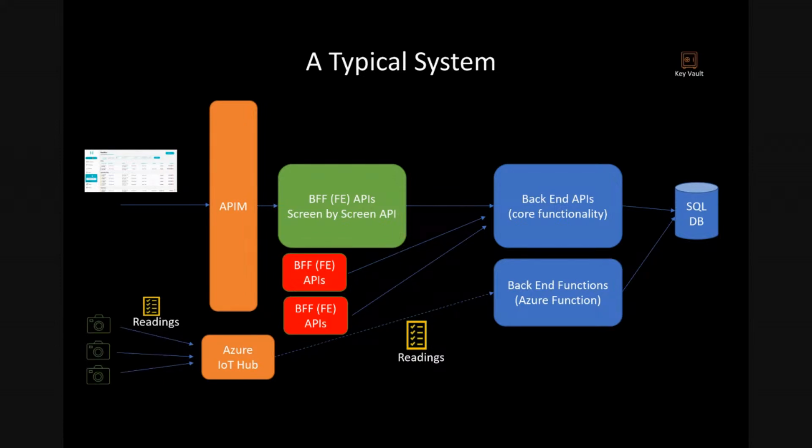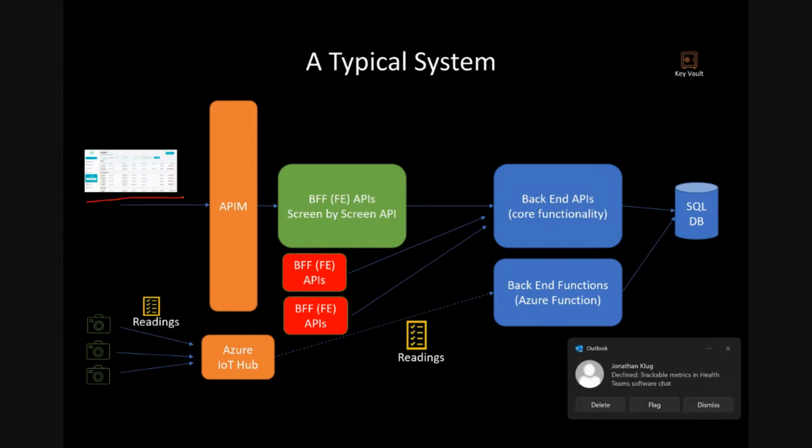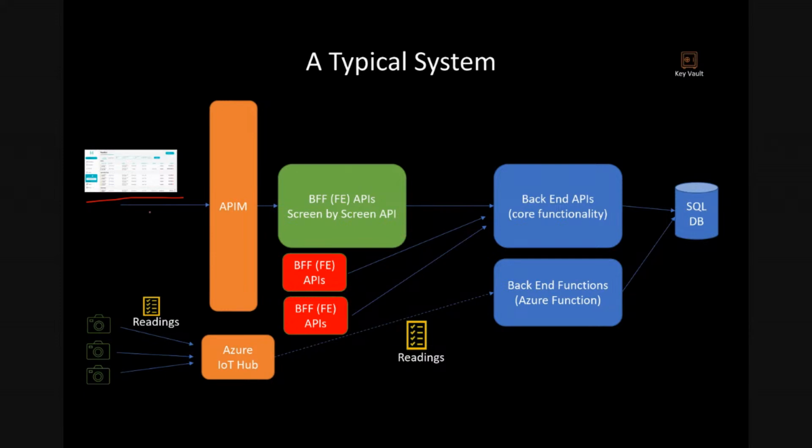So there's a client, there's a website, etc. And what we would like to do here is to secure that particular website and call into, in this case, API management, APIM.